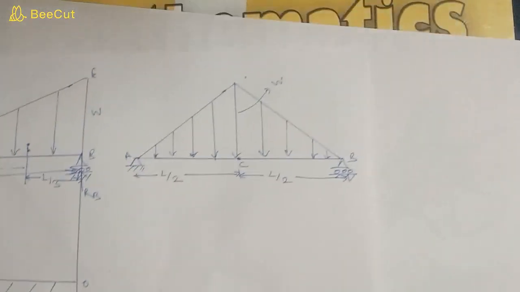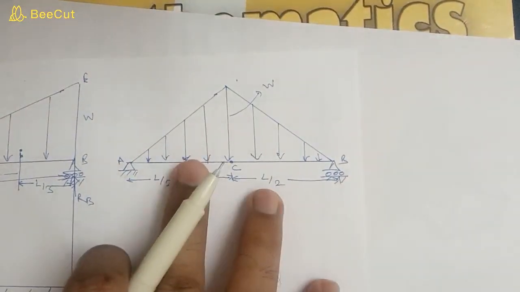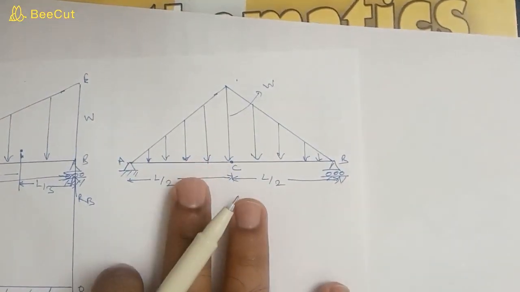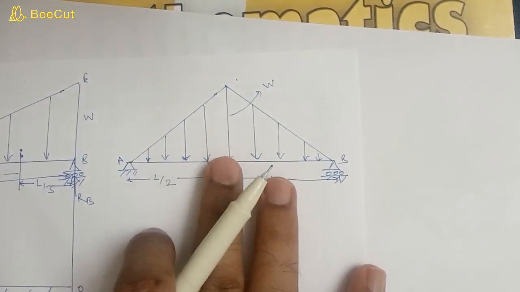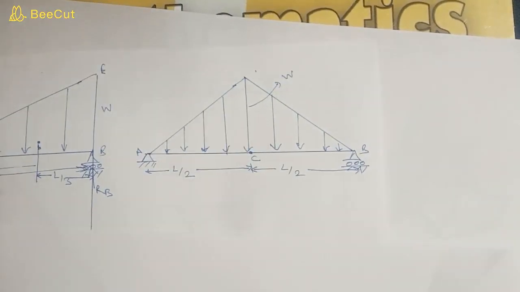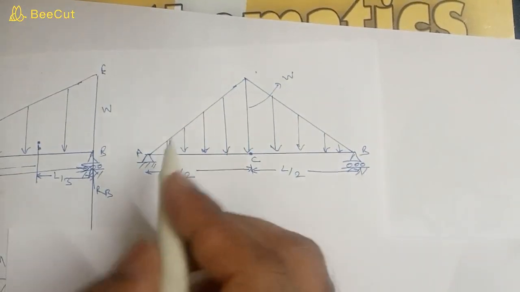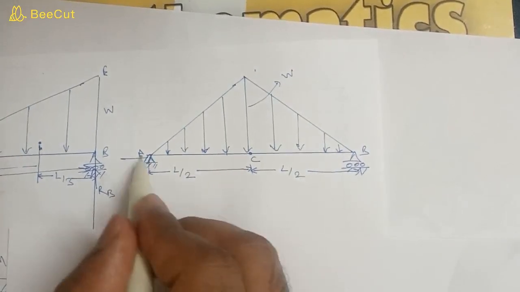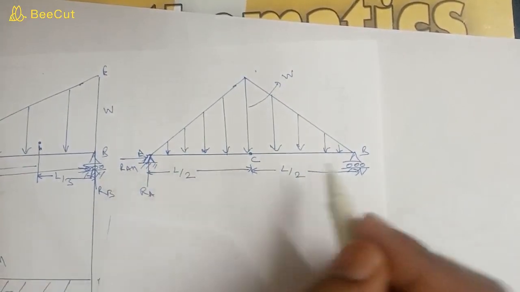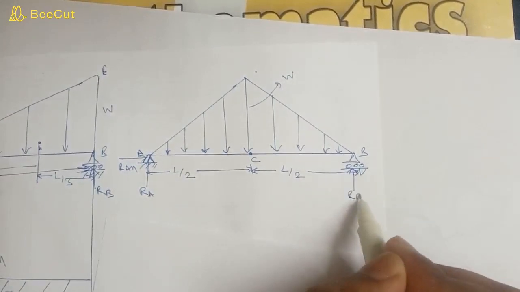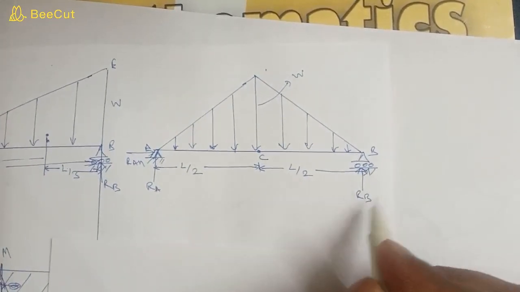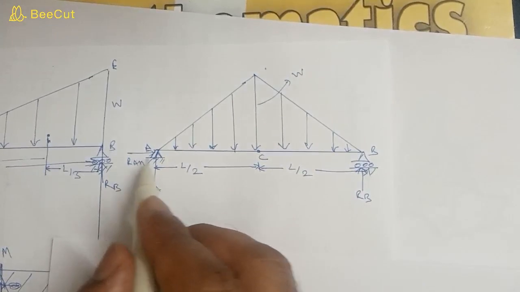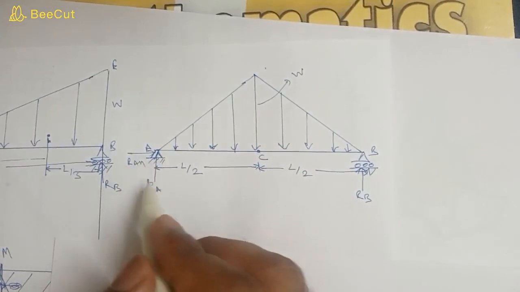Okay, now we will try to solve the reaction forces for this case and also the bending moment and shear force diagrams. So here we have a hinge support, so the reaction forces will be RA and RAH, and here the reaction force will be RB. In a roller support we have only a vertical reaction, and in a hinge support we have two support reactions, horizontal and vertical.